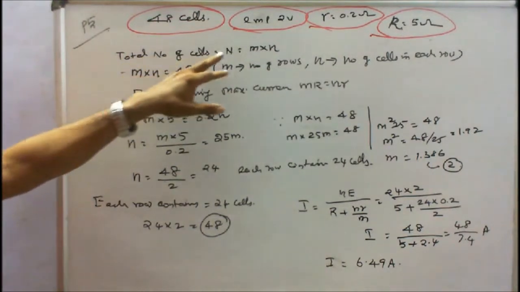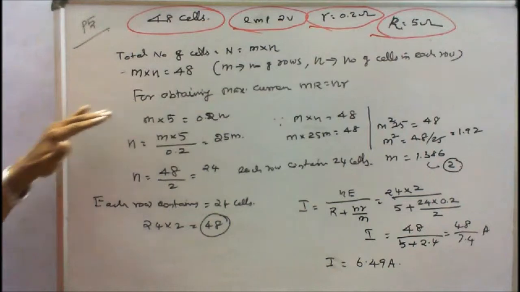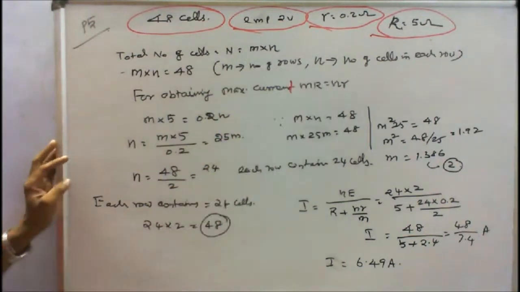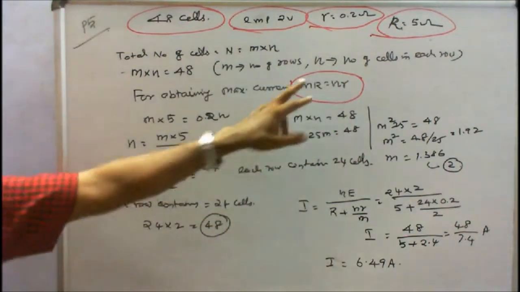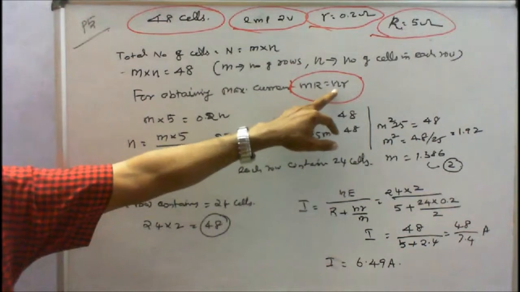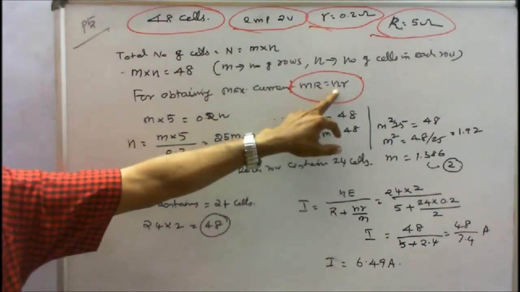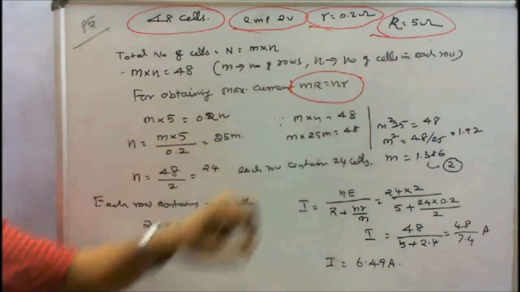Normally, capital N is equal to m into n. For obtaining maximum current, m into R is equal to n into r. That is, m into load resistance is equal to the number of cells in each row into the internal resistance r.